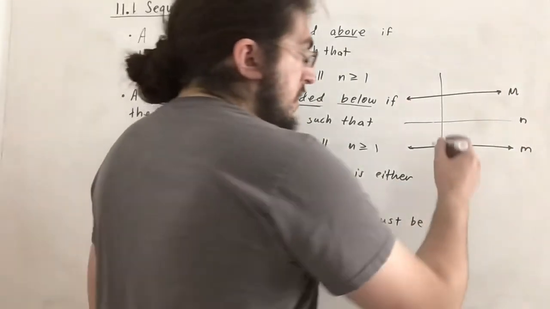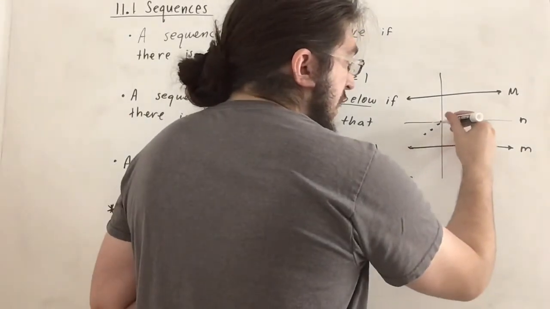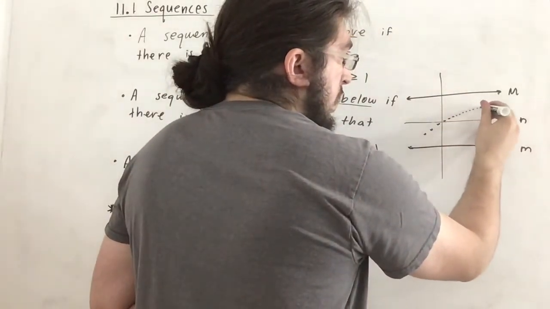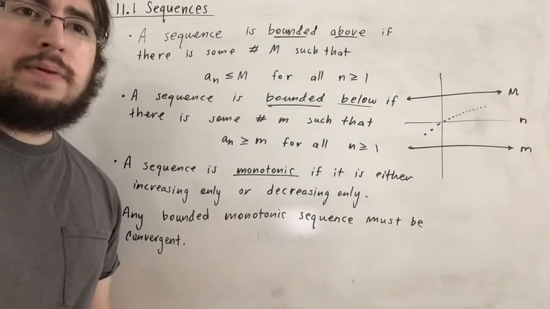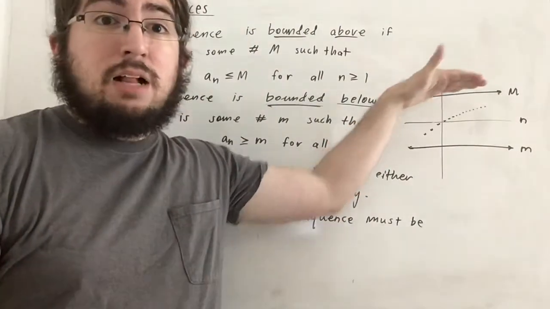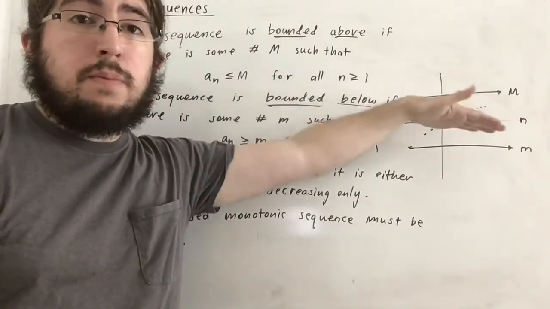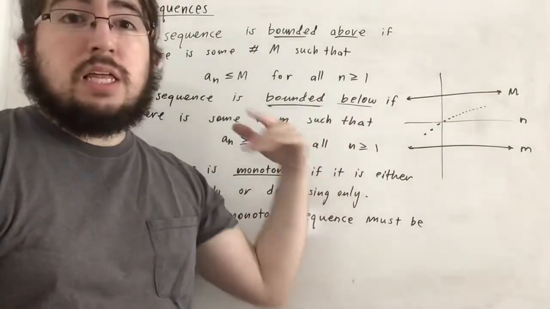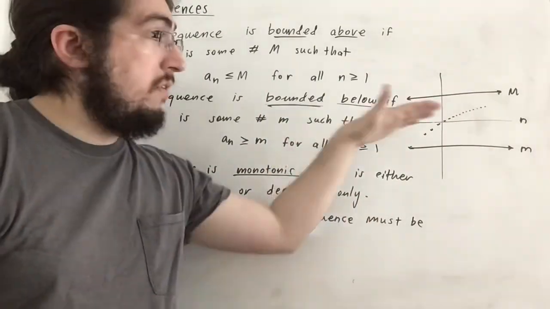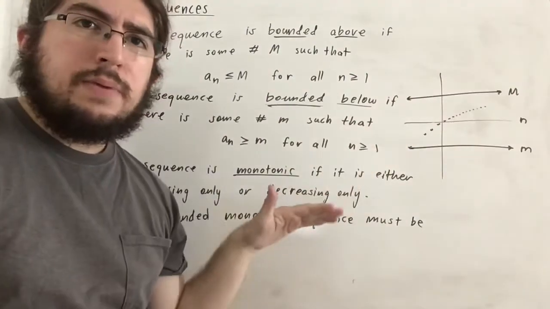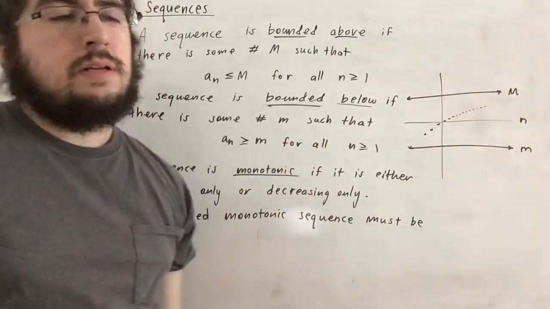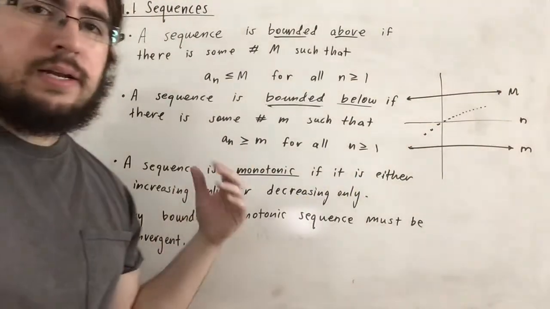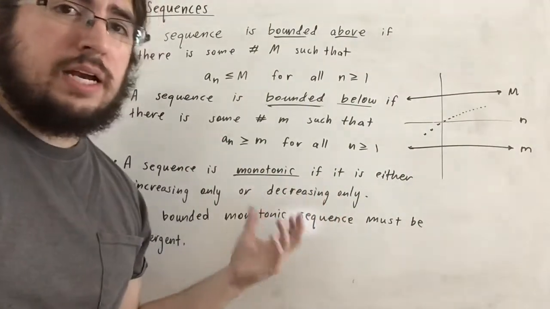Let's just say, for instance, it is increasing. If it is increasing and is bounded above by M, either the limit is M itself or it's some other number below M. But regardless, the limit would have to exist because all of the terms will be approaching some number because they continuously go up. So that's the idea behind a sequence being monotonic and bounded.